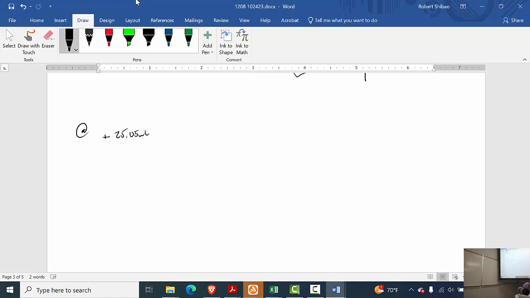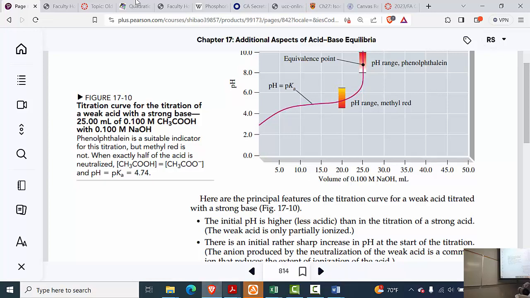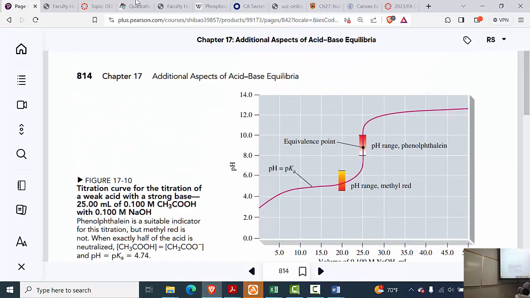About 20 drops per mil. And so we're going to go one drop. If we go one drop past the equivalence point, look what happens to the pH, it kind of skyrockets up here. And so with one drop past, we're probably up here now.